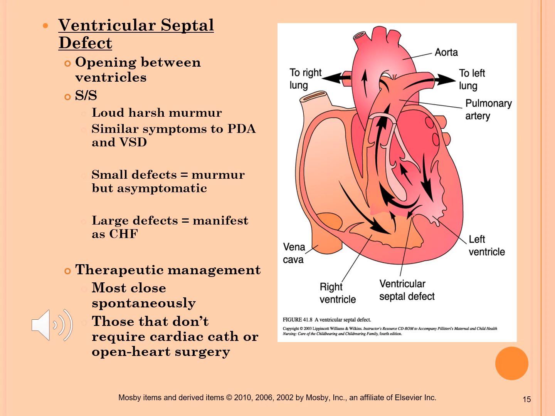Because they're not gaining weight, they're tiring out, and they're not finishing those feeds, these are the kids who are possibly going to need increased caloric density of formula or breast milk if we're having that poor weight gain. If mom is choosing to give breast milk, she's probably going to need to pump it and then feed it via a bottle or an NG tube, adding extra calories to make it calorically dense.